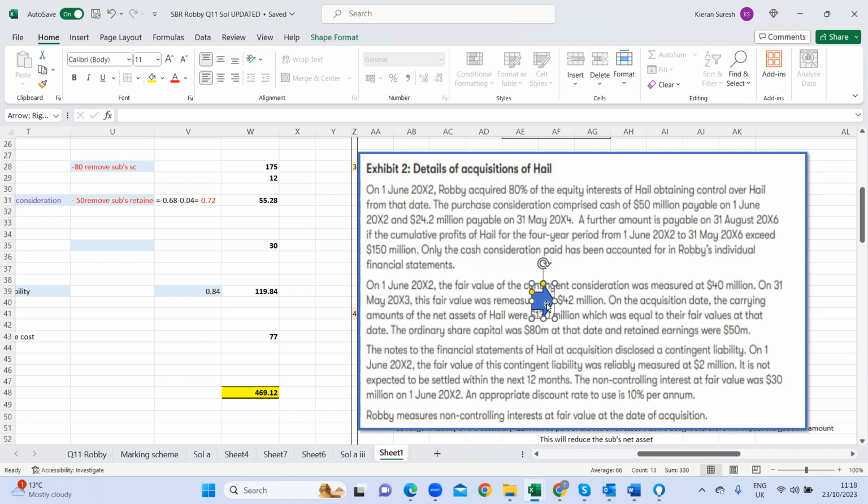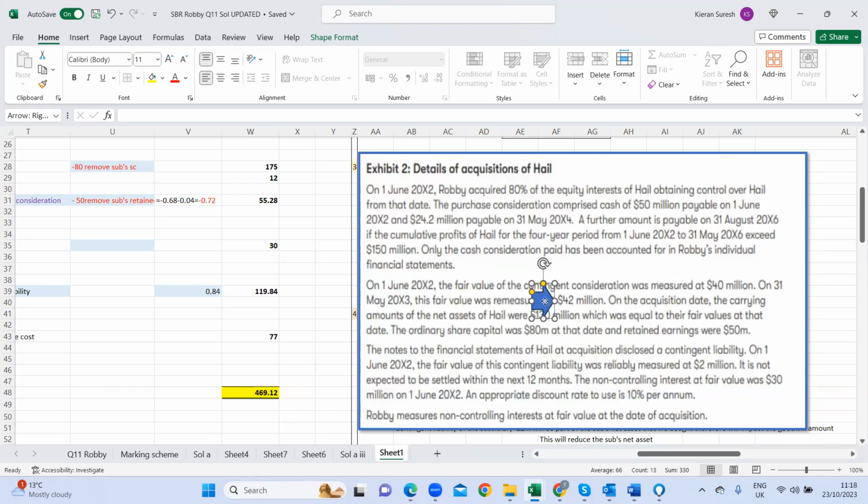If we have promised to pay in equity shares, the remeasurement is not required, so we don't have to worry about it. But if we have promised to pay the contingent consideration in cash, then a remeasurement needs to be taken into account, right?